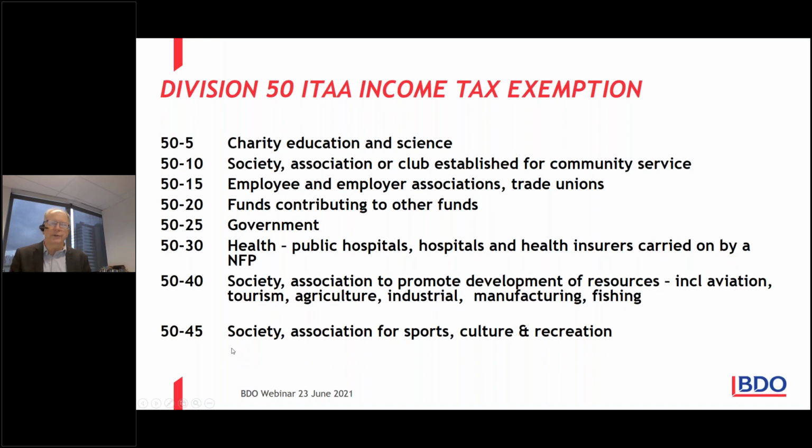And it can't just say, oh, we're just under Division 50. Because it doesn't cover every not-for-profit. Every one of the entities that fit under here must be a not-for-profit, but it doesn't mean that every not-for-profit is income tax exempt. There's lots of not-for-profits that remain taxable.